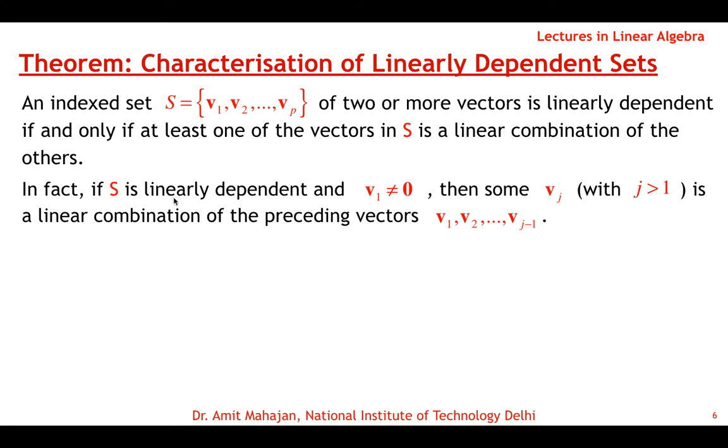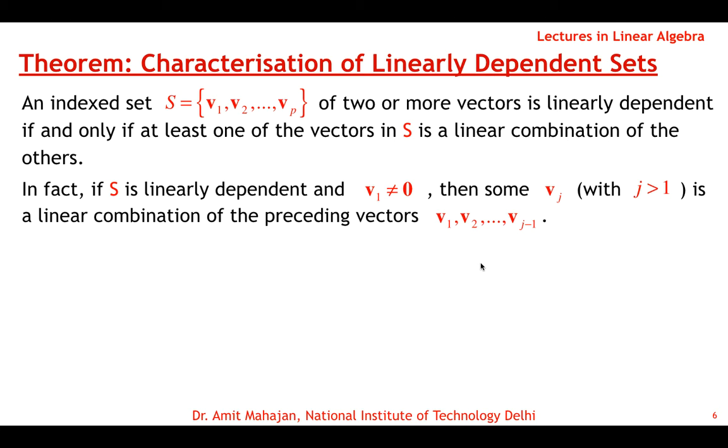In fact, if S is a linearly dependent set, and the first vector is non-zero, then there is some vector vj with j greater than 1 which is a linear combination of the preceding vectors v1, v2, ..., vj minus 1. So there is at least one vector at some position which is a linear combination of all the preceding vectors to that position. So the jth vector vj is a linear combination of the first vector to the (j minus 1)th vector.